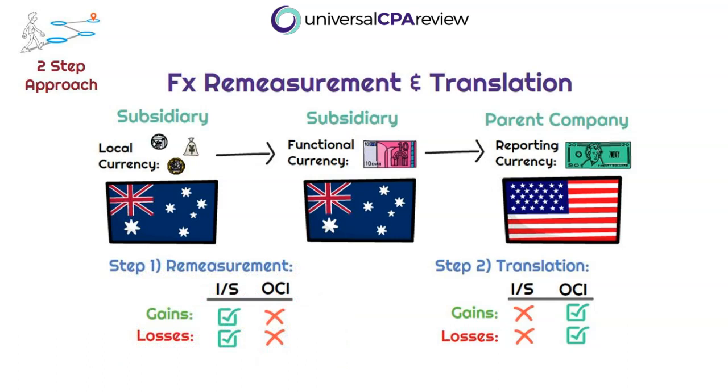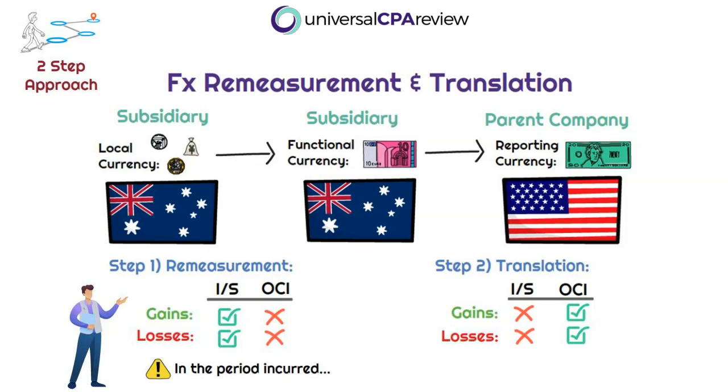Now we'll get to an example in a bit, but let's just assume that the local currency and the functional currency are different, right? So we need to remeasure the subsidiary's accounting records. Now we're going to use a variety of different exchange rates, which again, I'll show you in a minute. But basically, if we have any gains or losses related to remeasurement, those are considered foreign currency gains or losses, and those are recorded directly to the income statement in the period incurred, right?